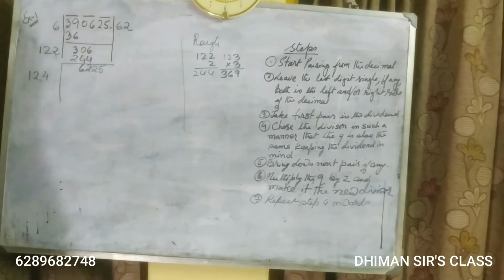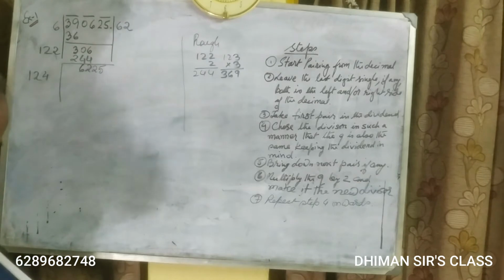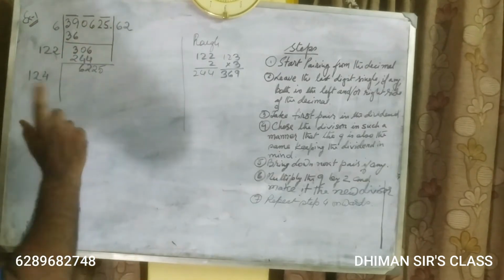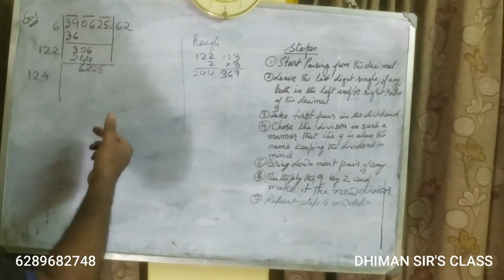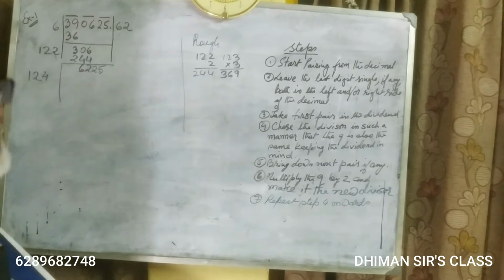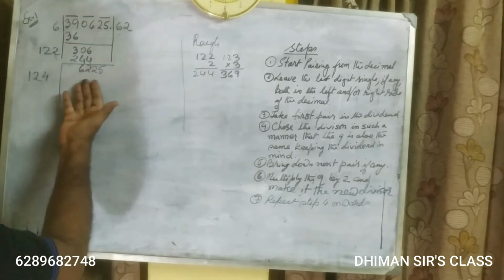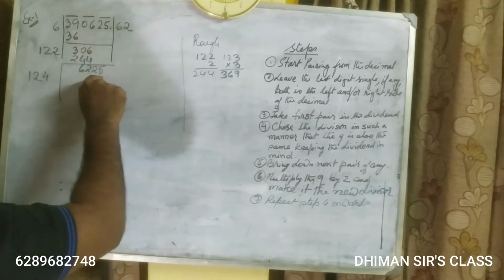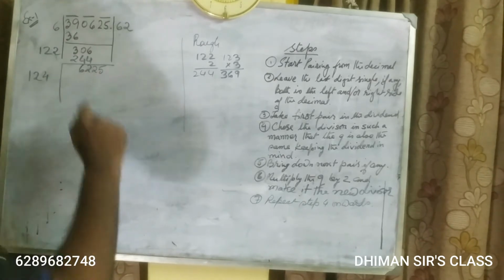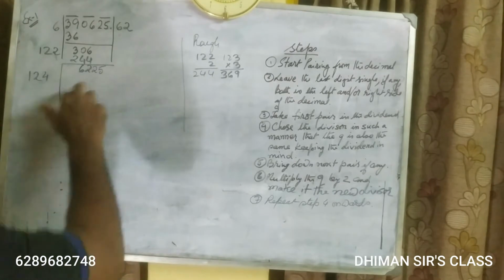Now my students, we have arrived at the end of this sum. Why? Because there are no more pairs to be brought down. So this is going to be the last division. Here it is important for us to see what is the last digit here. It is 5.